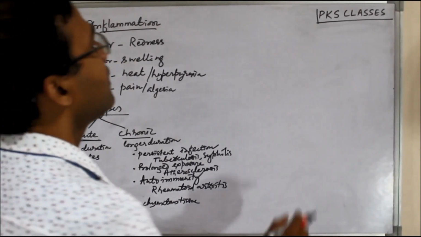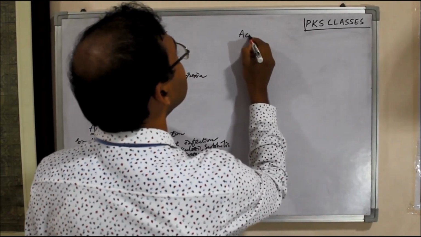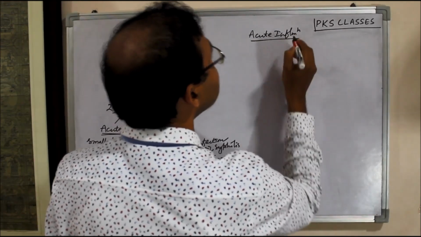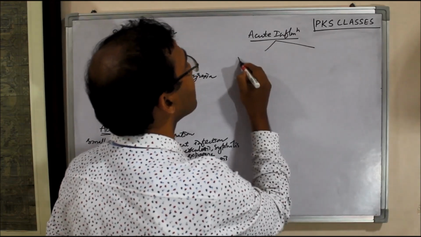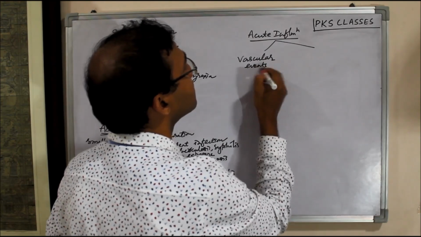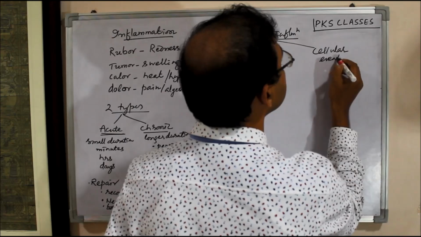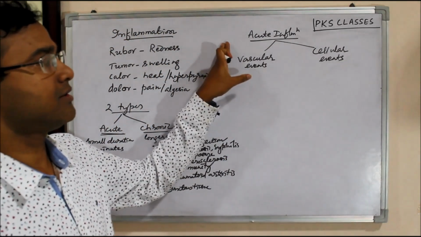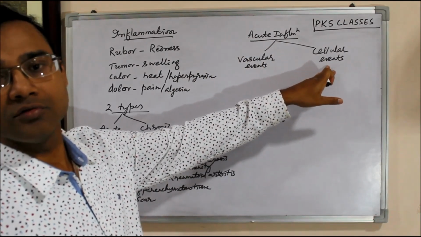Okay. Then if we go into detail about acute inflammation, it has two types of events: vascular events and cellular events. Vascular events are the events which occur in the blood vessels, and cellular events are the events which occur due to the cells.